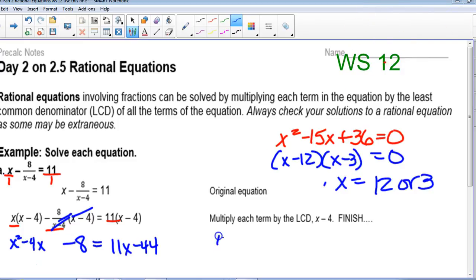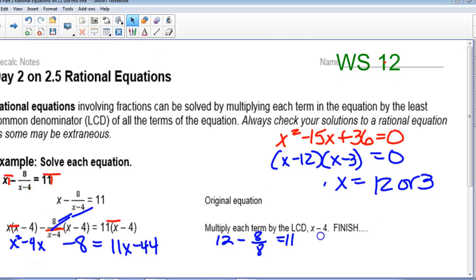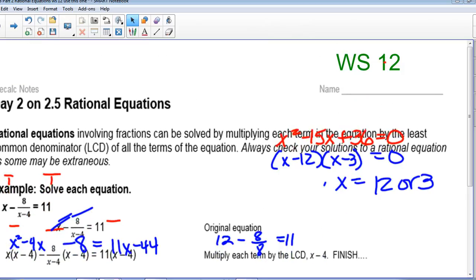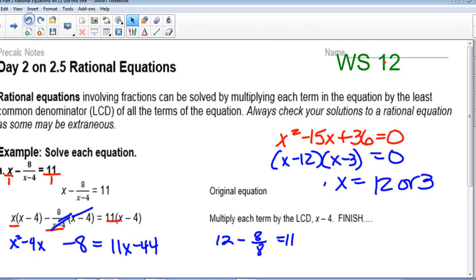Okay, 12 minus 8 over, if I was plugging in a 12, I'd get 12 minus 4 is 8. Does that seem okay? 12 minus 8 divided by 8, which would be 1. 12 minus 1 is 11. This one checks.